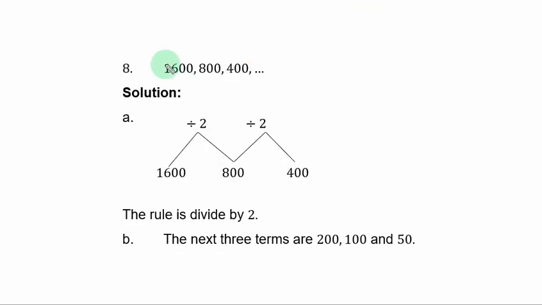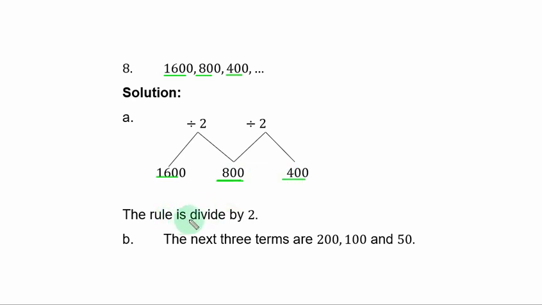Example 8, you have the sequence. The first term is 1600, the second term is 800, the third term is 400, and so on. If you observe very well, if you divide the first term by 2, you have the second term. If you divide the second term by 2, you have the third term, and so on.